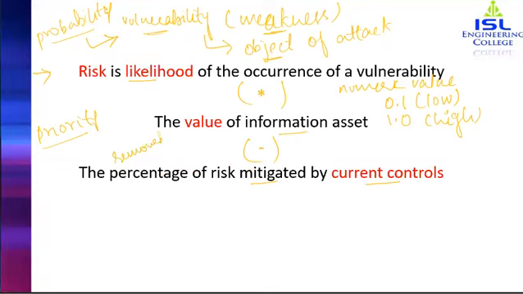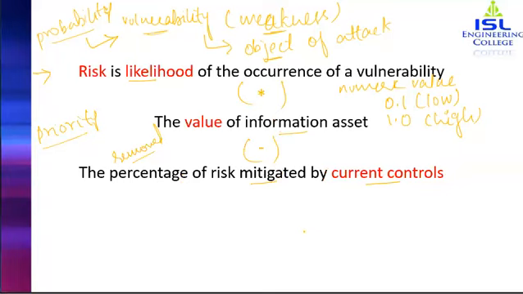Suppose whenever you attach a USB drive to your system, you can have some specific threat to your information. So you're installing a specific antivirus. How much risk is being eliminated by making use of that antivirus? That antivirus is called your current control, what you're implementing.